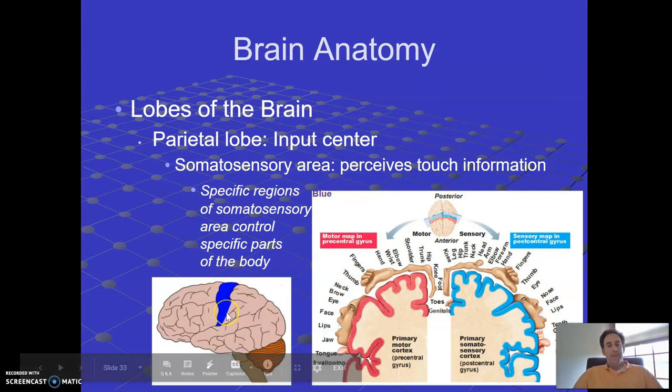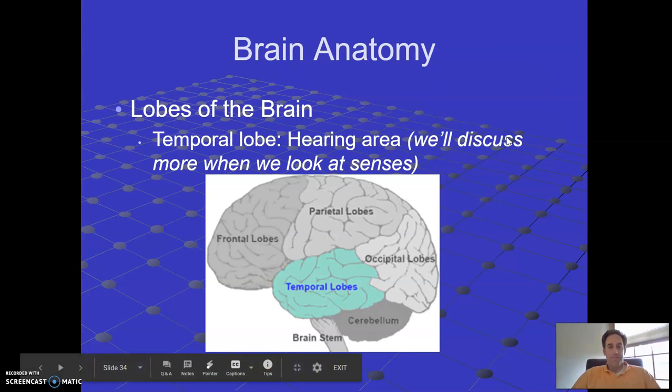This area is called the somatosensory area. It perceives touch information. And again, certain parts of our body are more sensitive to touch than others. Your hands and fingers are very sensitive because you can do fine coordination and movement through them. So just like before, the sensitivity of the area is proportional to how much brain is devoted to it.